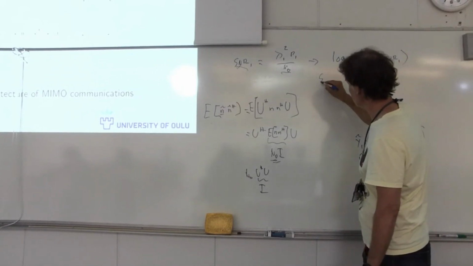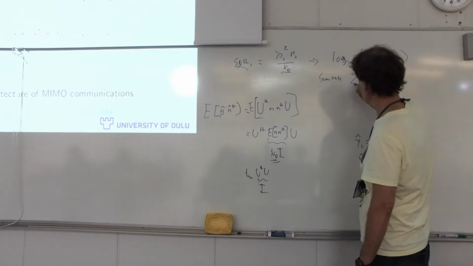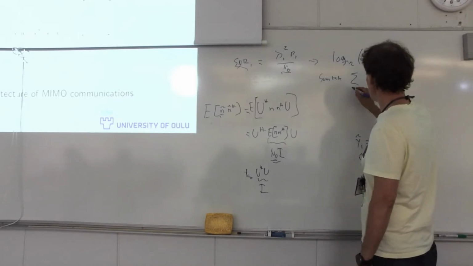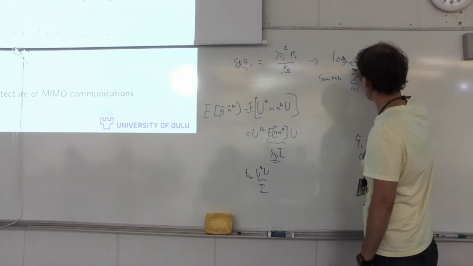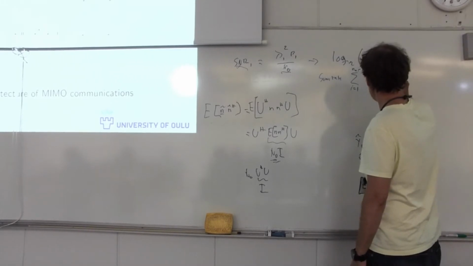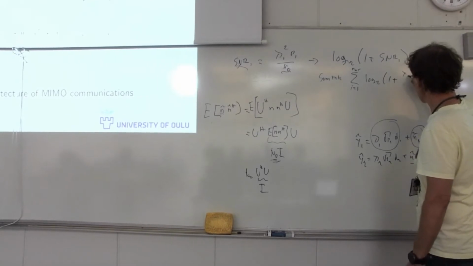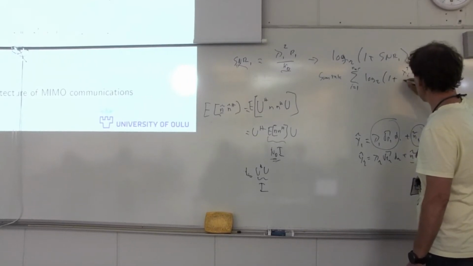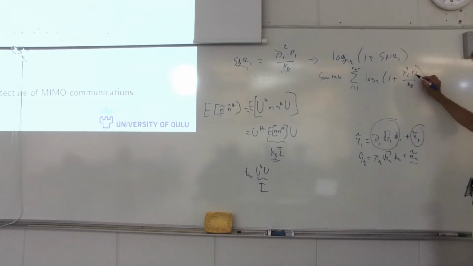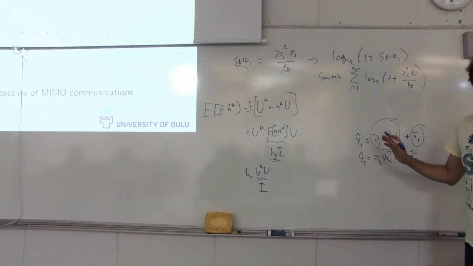And the sum rate is then simply summing up the rates over these parallel channels, summing over i from 1 to N min, log 2 of 1 plus lambda i square P i over N0. Okay, this is the sum rate. It can be computed for a certain power allocation, right?